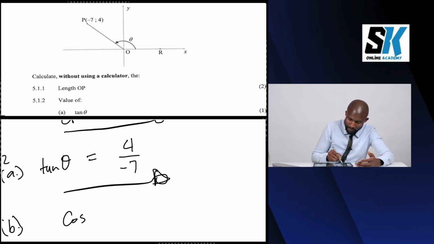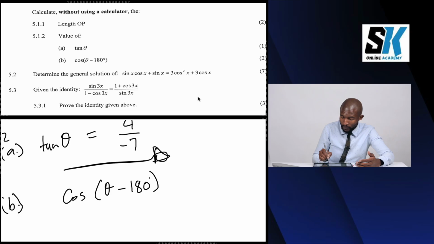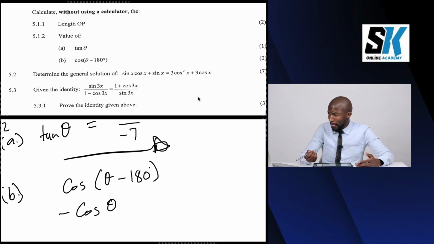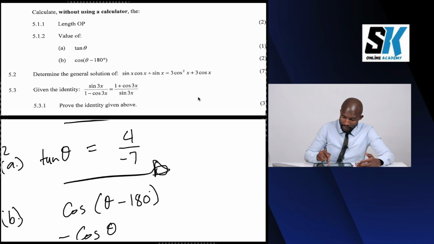And then our part B, which is cos (theta - 180). So that is simply negative cos theta when you're using your reduction formulae. So negative cos theta, if you go to your sketch again, you know that cos is SOHCAHTOA, right?